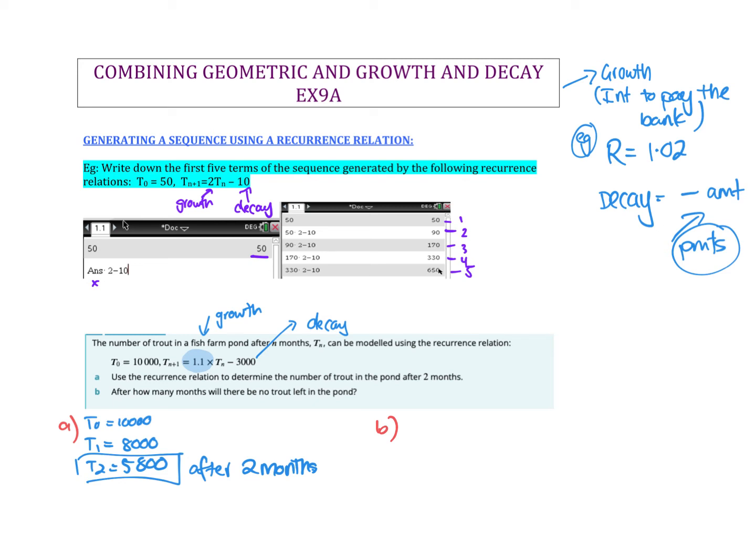We saw T3, T4 were 7, 18, and at T5 we were in the negatives. So our answer will be after 5 months.